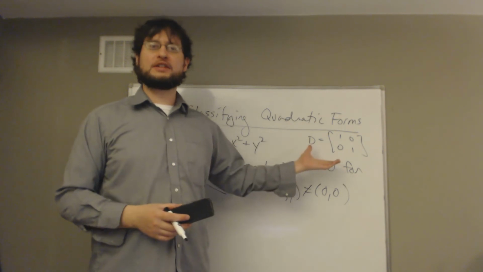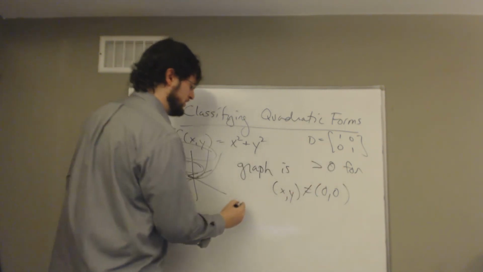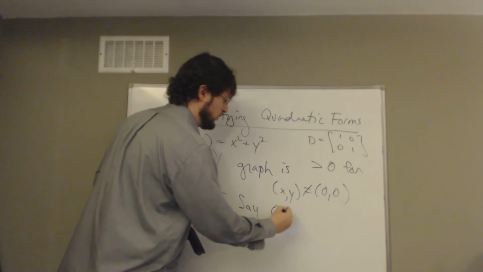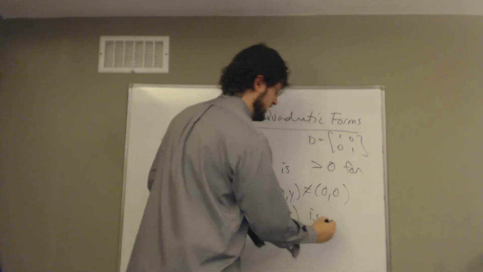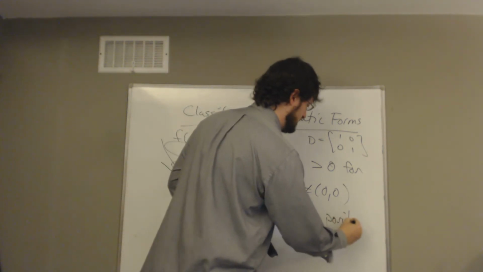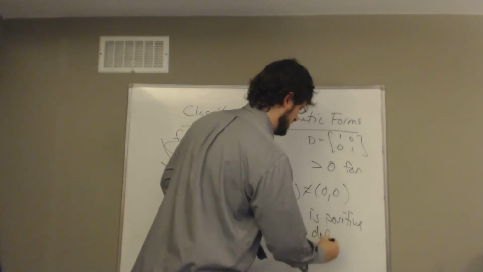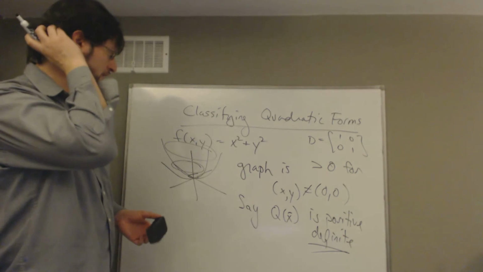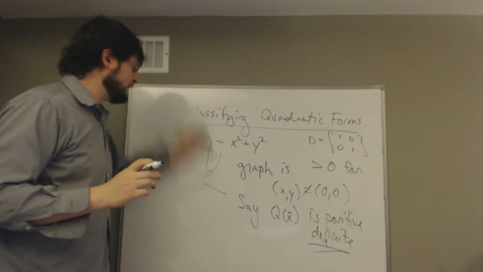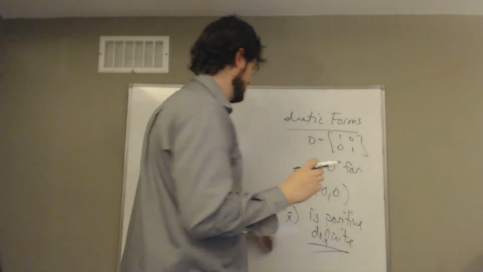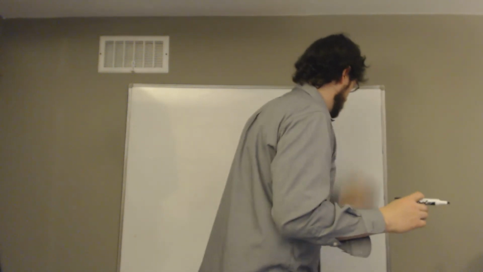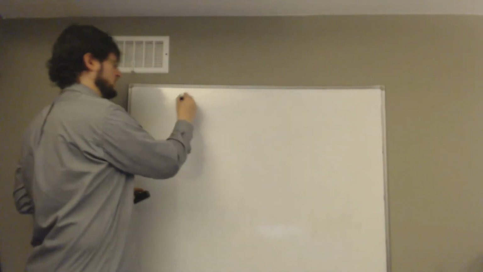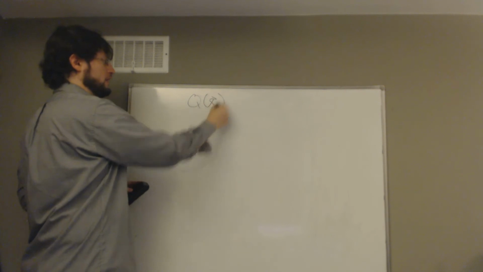if I'm always positive except for right at the origin, we say that the quadratic form q at x is positive definite. Let me write this out in a bit more organized fashion.